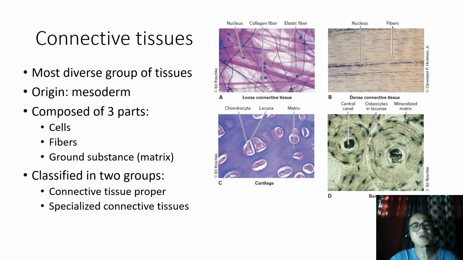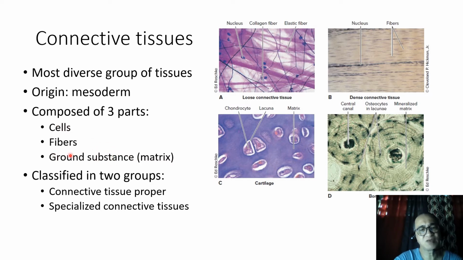Connective tissues are the most diverse group of tissues in animals' bodies that serve various binding and supportive functions. They are derived from the mesoderm, and they're typically composed of three main parts: cells, fibers like collagen, and ground substance, which are amorphous products of the cells themselves, in which the fibers and cells are embedded.